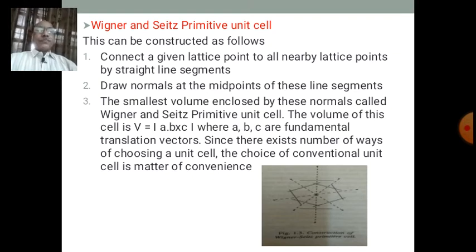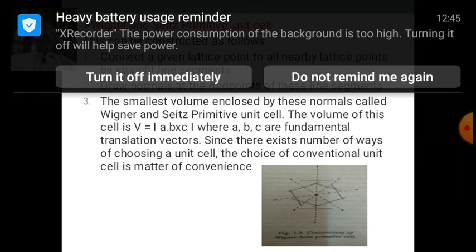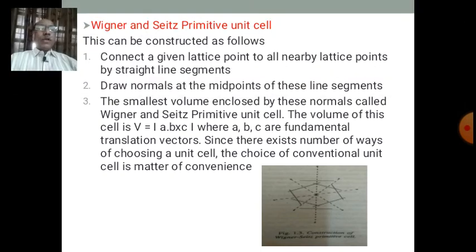And the third step is that the smallest volume enclosed by these normals, you can find that these normals enclose some volume, and the volume enclosed by these normals forms the Wigner-Seitz primitive unit cell. This is how in a 3-step procedure you can form a Wigner-Seitz primitive unit cell.